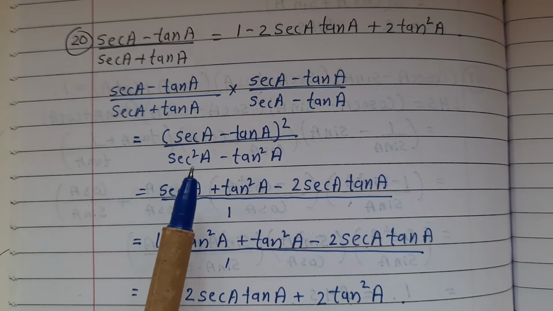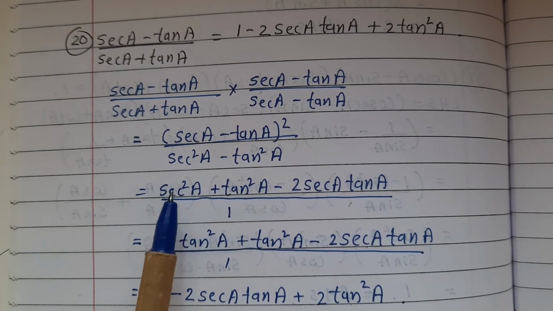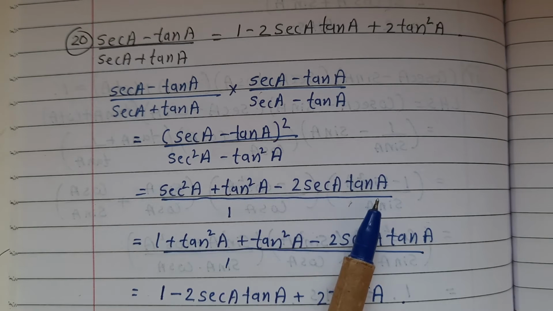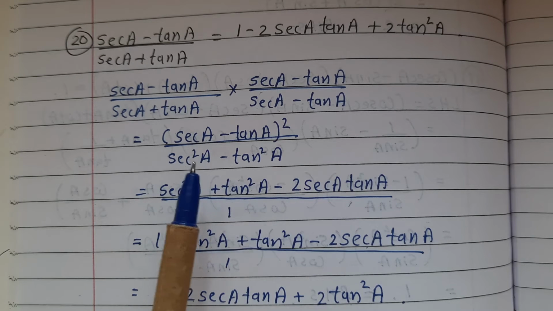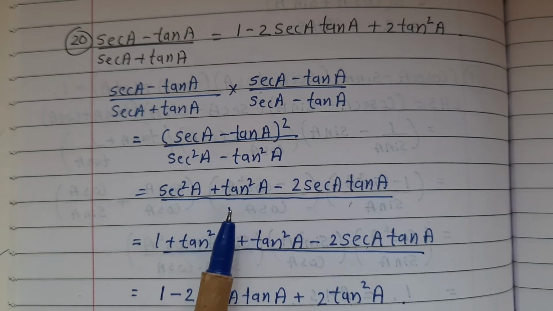And here sec square A minus tan square A. Open this bracket. Sec square A plus tan square A minus 2 sec A tan A. Here sec square A is 1 plus tan square A. So plus tan square A minus tan square A cancel each other. Denominator is 1.